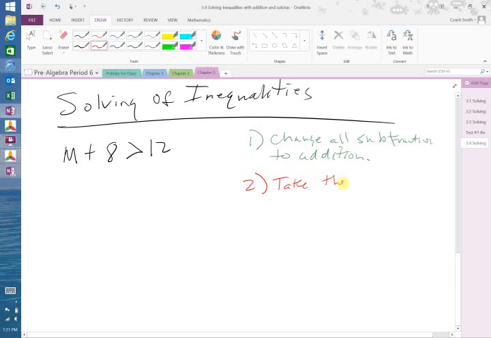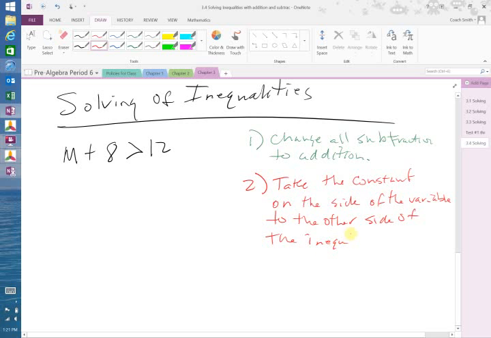Take the constant on the side of the variable to the other side of the inequality, and change the sign.